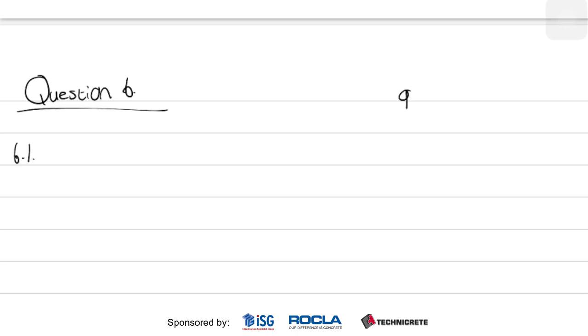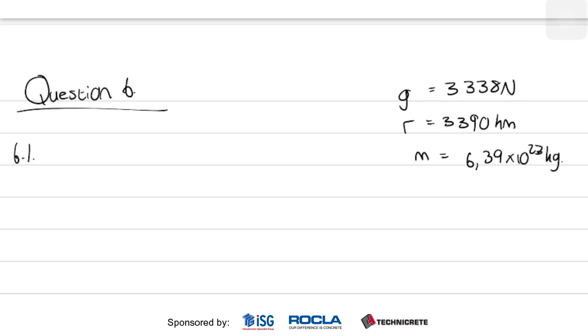Okay, so we have our gravitational force on the probe on Mars as 3,338 newtons, a radius of Mars of 3,390 kilometers, and the mass of the planet as 6.39 times 10 to the 23 kilograms. State Newton's law of universal gravitation in words.